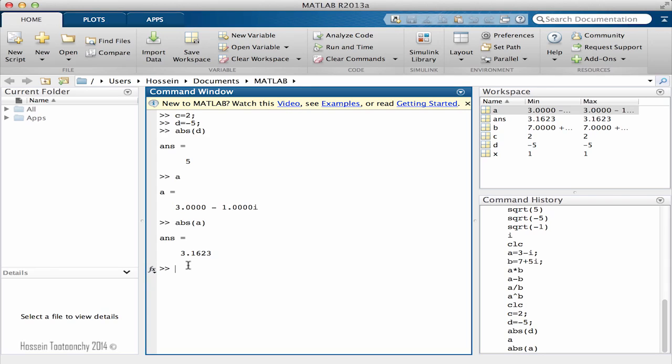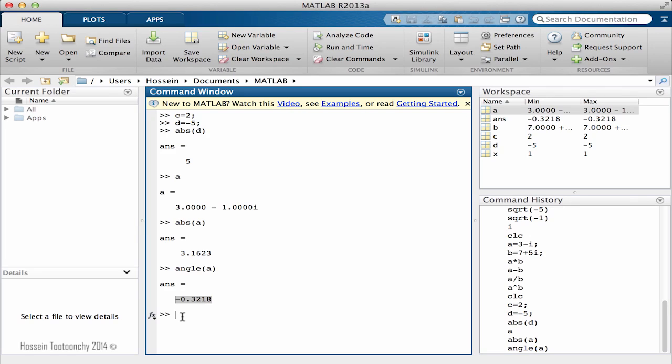The same way, if we type angle of a, it just returns the angle between the complex part and the real part. It is the same as in trigonometry. It's now in radians.